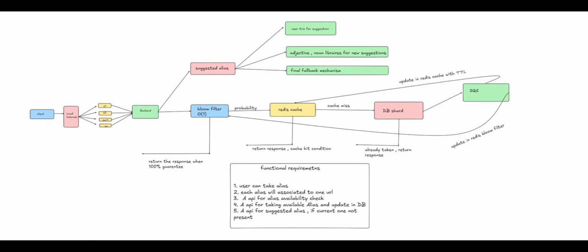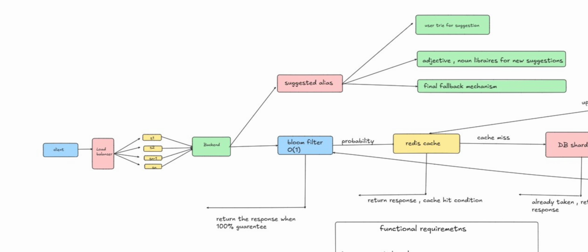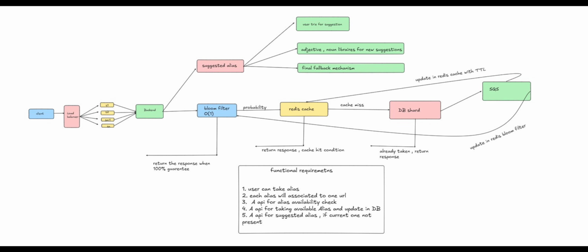I hope you have understood how URL shorteners can work at the scope of millions of users, right? And I hope you can now think of how you can design a system in interviews, what things you have to take care of, how you can make it scalable, make it extensible. And let's suppose if suggested alias is a feature that has not been added yet, then still our design is very extensible.